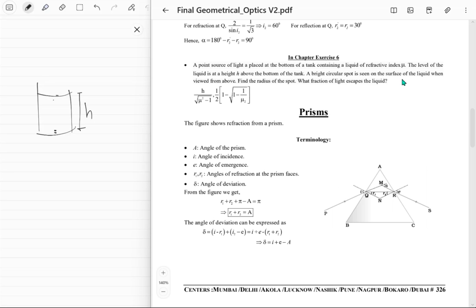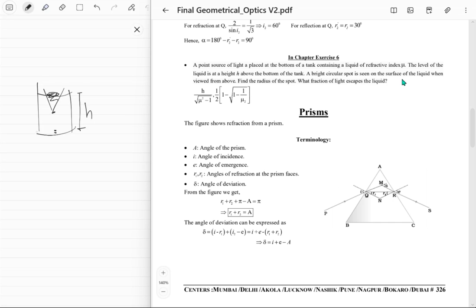Wait. Oh, it's not. Okay, that's understandable. A bright circular spot, huh? It's not a point source anymore over here, right? So it's somewhere over here, and then it's emitting light, and that causes this.